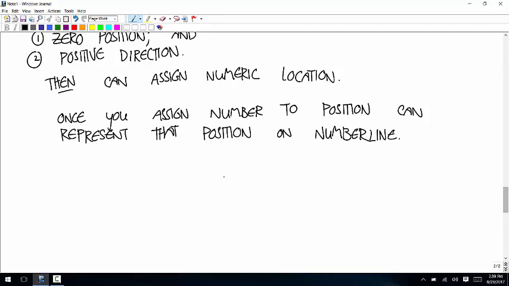So in this case, there's the number line. There's the 0, 1, 2, 3, 4, and -1, -2, -3, -4. Here's -4, and this is the location of the train at that instant.